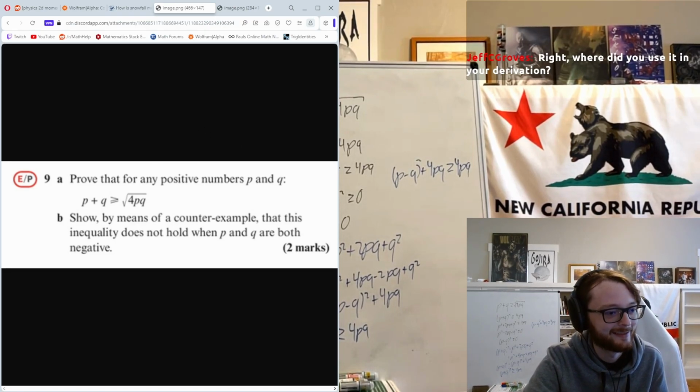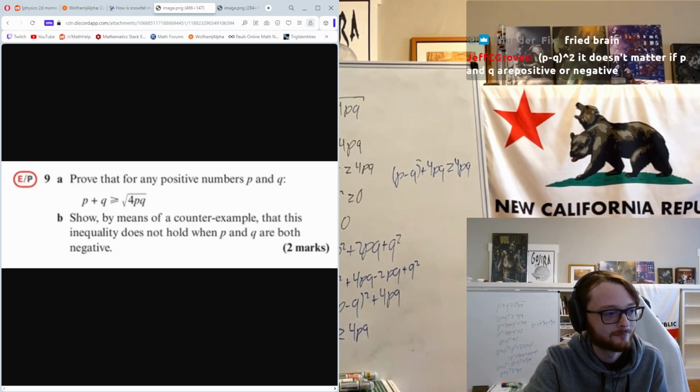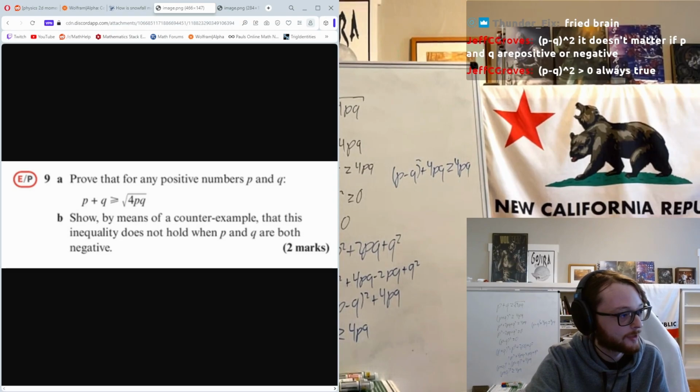So it's not the most rigorous proof, sure, but it's still... That's true too. I guess you don't have to use it. It's not invalid if you do use it. It's just extra work, I guess.